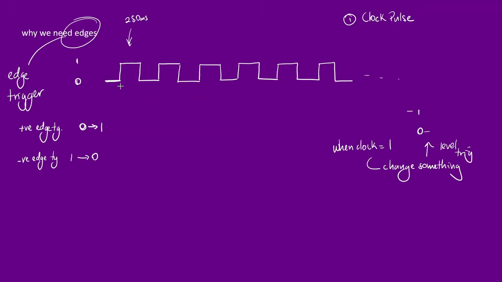Here, I'm going from a 0 to 1, which means I'm going to change my circuit at this instant, where that happens. That's the advantage we get when we deal with edge triggering. Instead of keeping something on and changing for a really long period of time, things are affected at one particular instance.